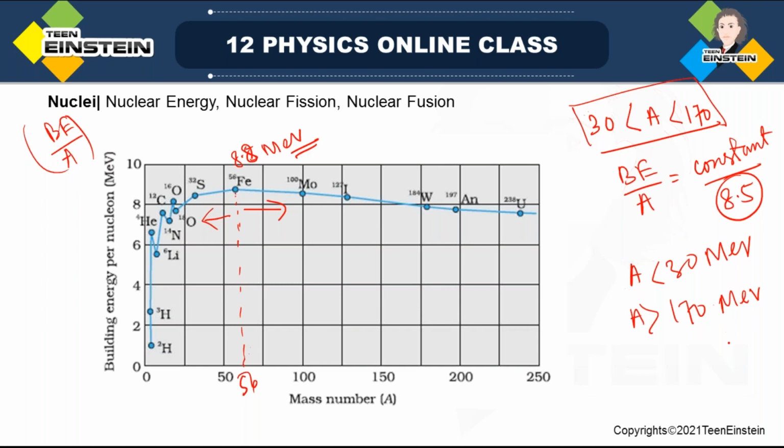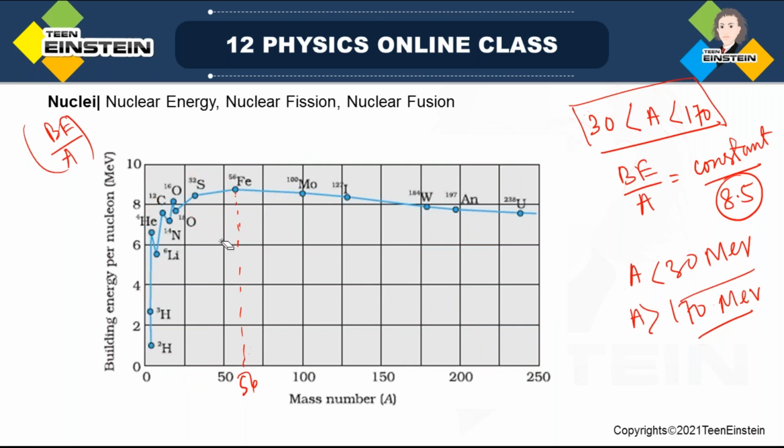Then in this region and this region, the nuclei have less binding energy than the average value, 8.5, or it is below 8 at least.